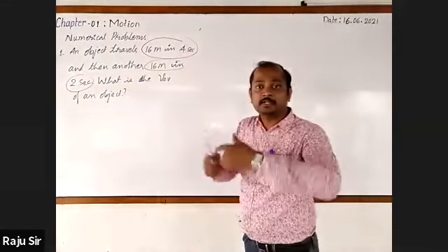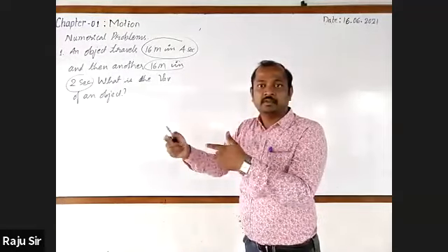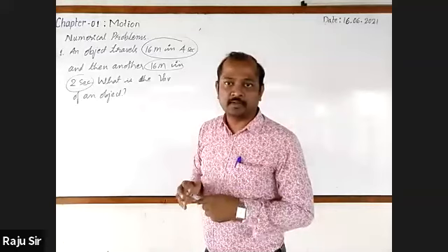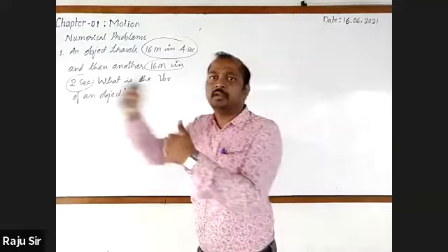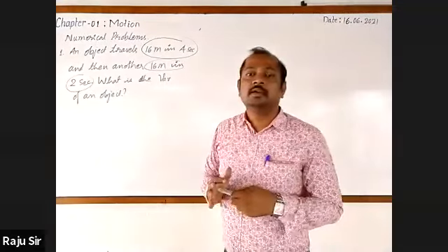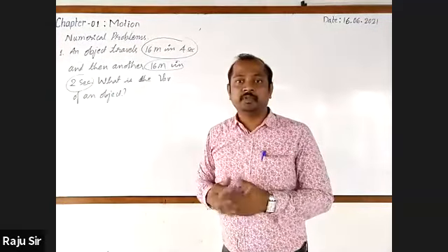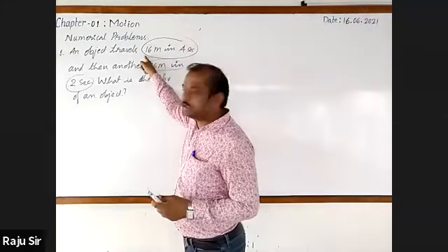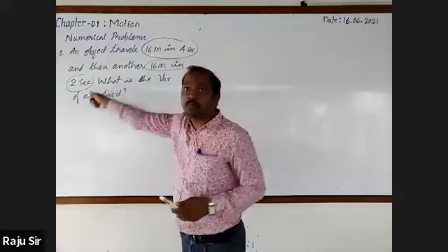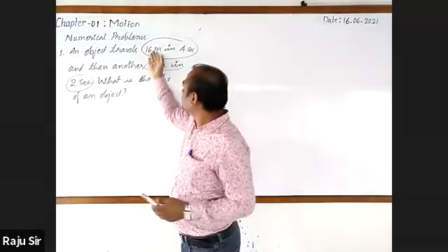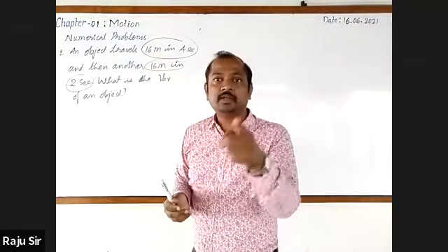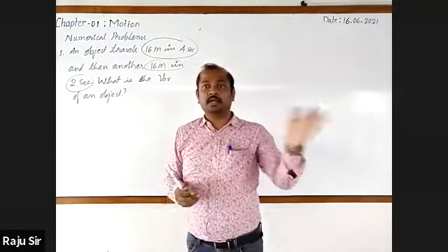That means it is moving faster. It will increase its speed more than its initial speed. If it is so, what is the average speed? Here, you can also come to know that it is covering equal distances in unequal intervals of time. 16 meters, but the time taken to cover 16 meters is different from one case to another.